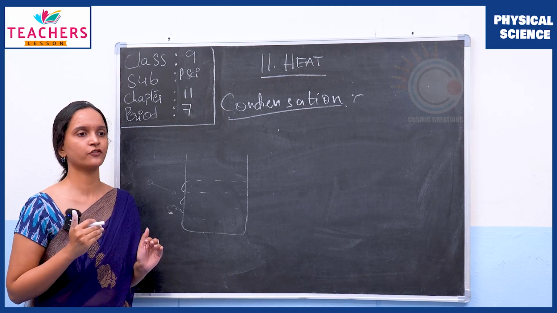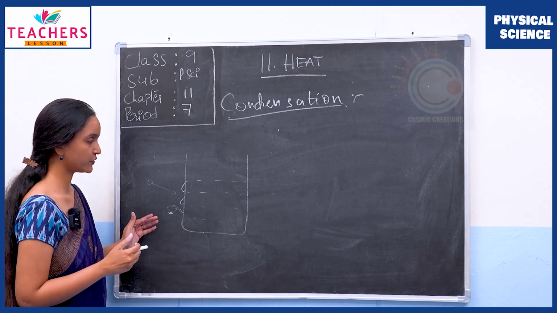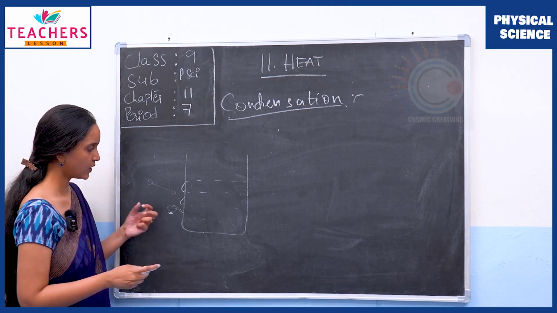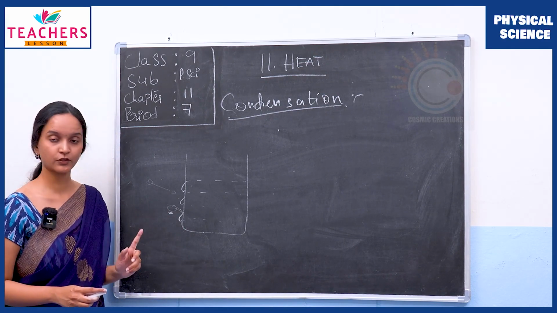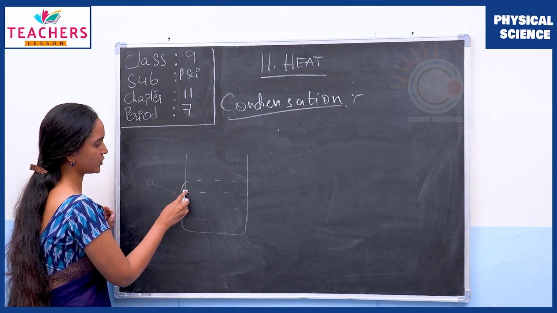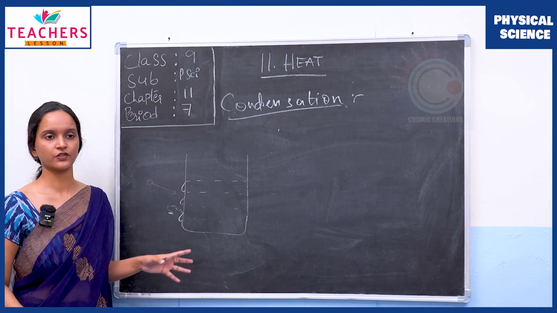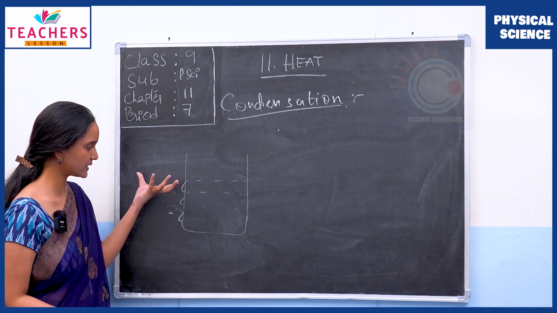Once the temperature falls, the water which is in the gaseous phase will change into water droplets. These water droplets settle on the surface of the glass because the temperature was decreased.